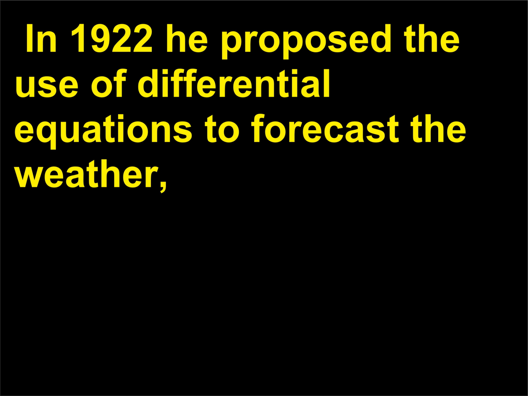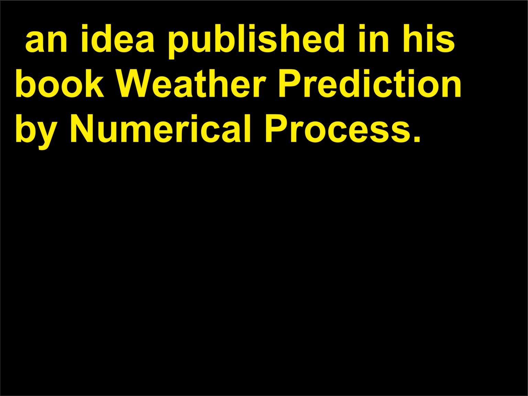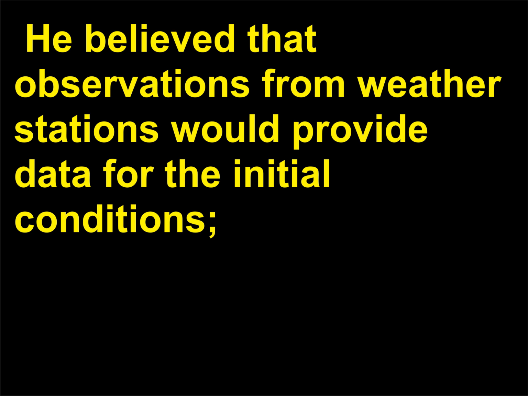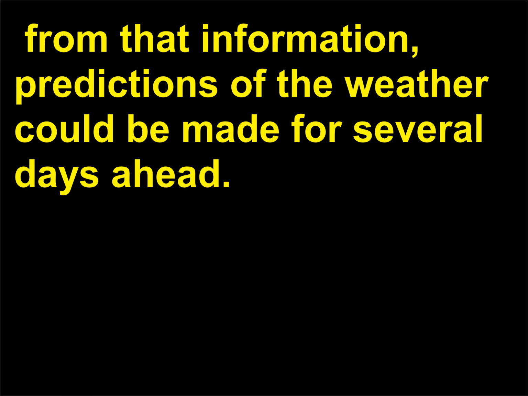In 1922 he proposed the use of differential equations to forecast the weather, an idea published in his book Weather Prediction by Numerical Process. He believed that observations from weather stations would provide data for the initial conditions. From that information, predictions of the weather could be made for several days ahead.